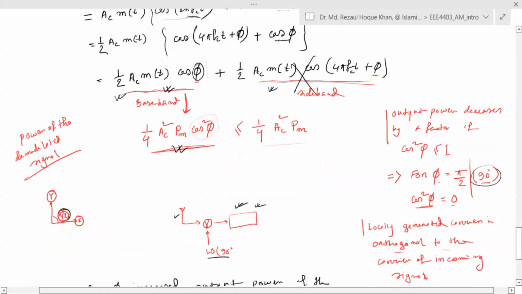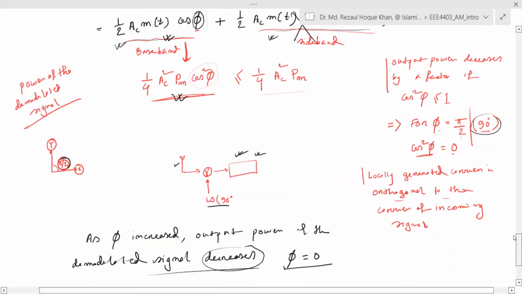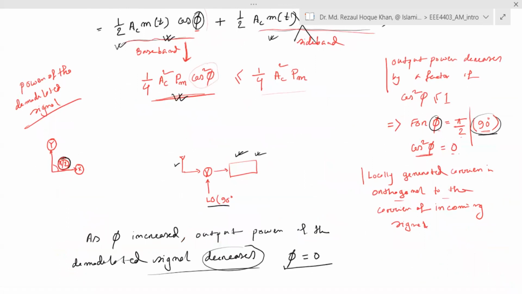We also showed that if this phase offset goes up to pi by 2, or 90 degrees, then this power becomes 0.